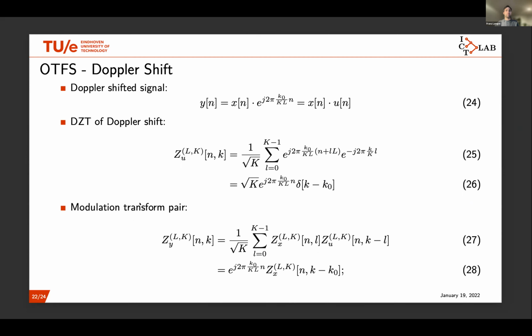And when we use the modulation transform pair, that the Zak transform of two modulated signals is the convolution of the individual Zak transforms with respect to the frequency variable, we can see that modulation simply translates the original defined sequence or the Zak domain representation in the frequency domain.